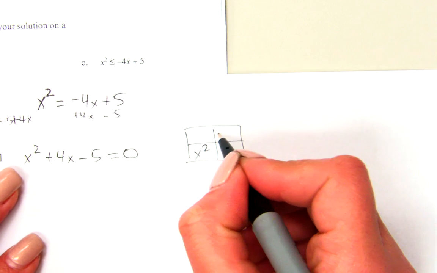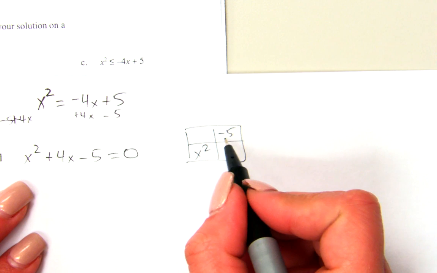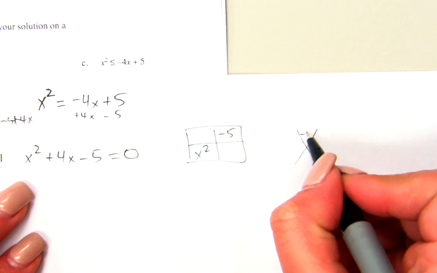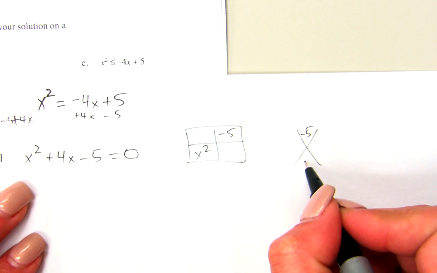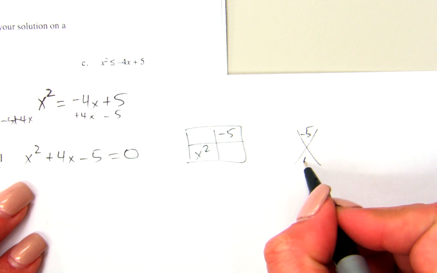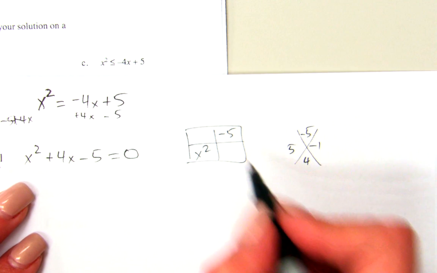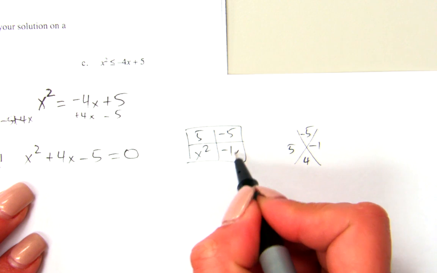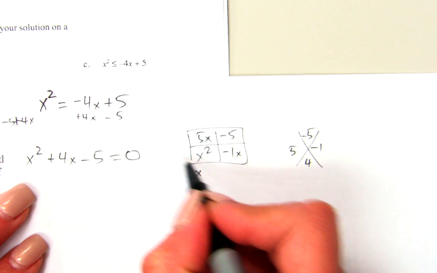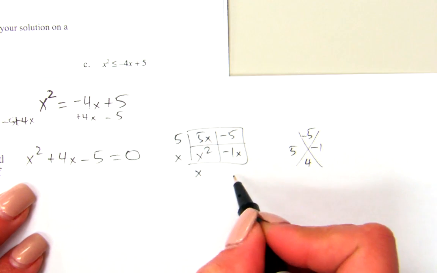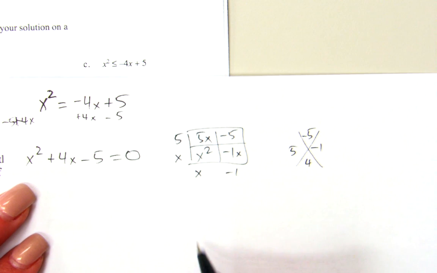Here's your x squared, here's your minus 5. Two things that multiply out to negative 5 and add up to 4. So that would be 5 and negative 1. Perfect. So we have an x and an x, a 5, and a minus 1.